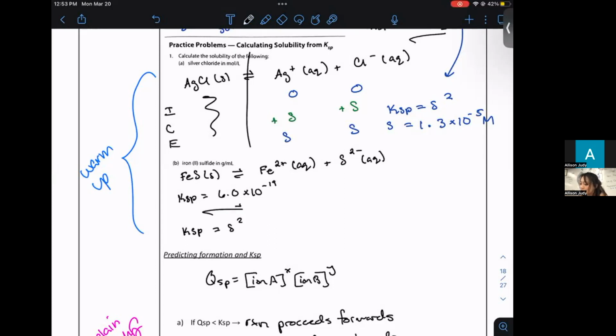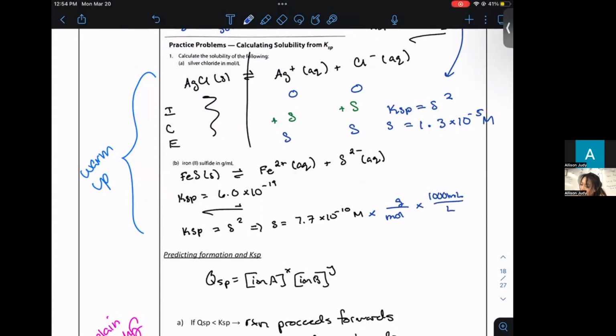So S squared. So what was your S then for this problem? 7.7 times 10 to the negative 10 molarity, right? Because that's what we're in, is molar solubility value. So then what you need to do is convert to grams per milliliter. So times molar mass of grams over moles times milliliters, 1,000 milliliters per liter.